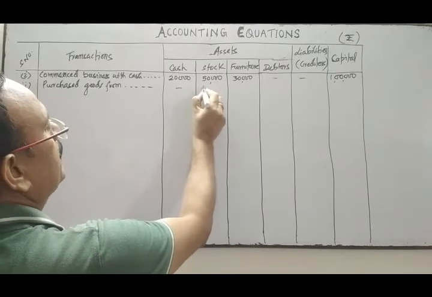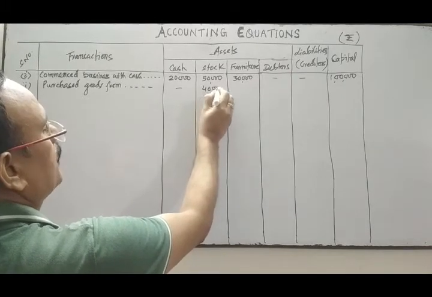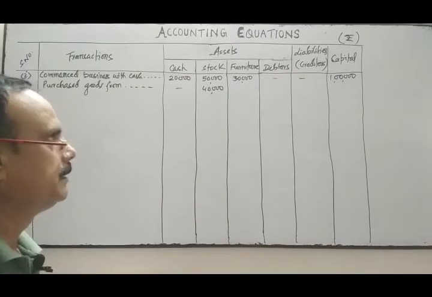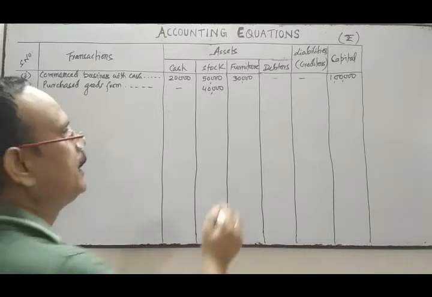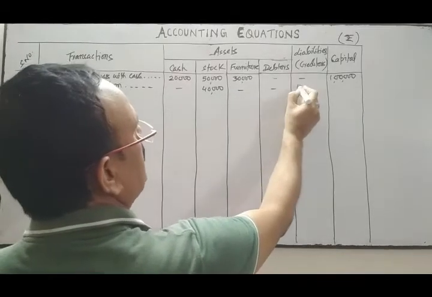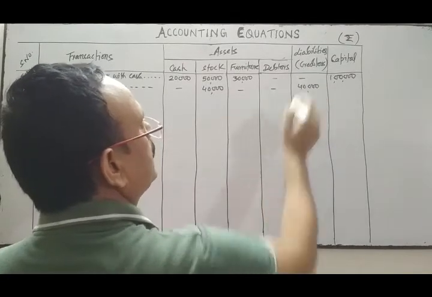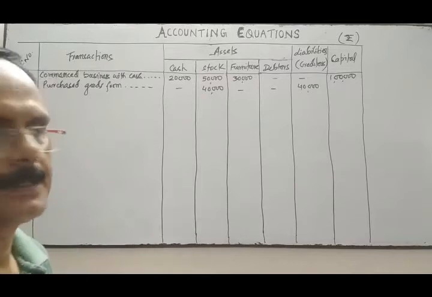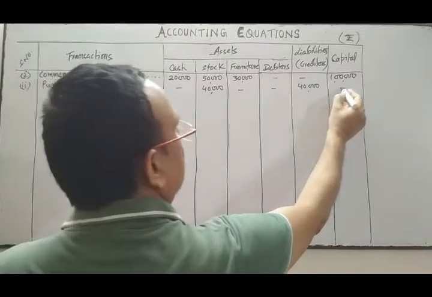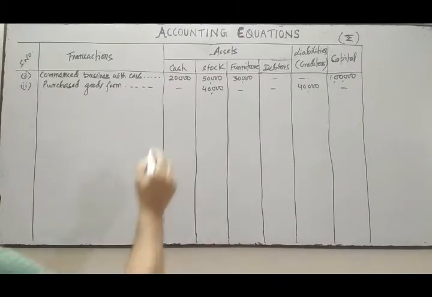It means stock balance will increase because goods come in the business. At the same time, it is purchased on credit, so liability will also increase. Under the liability, creditors will also increase by 40,000, and there will be no effect in the other columns.